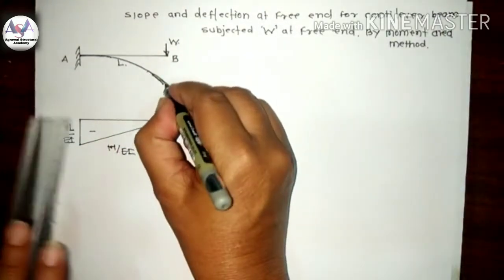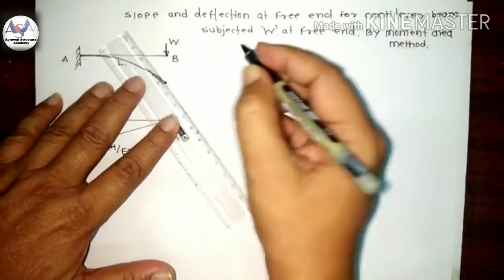Suppose we want the slope at B, so draw the tangent here.